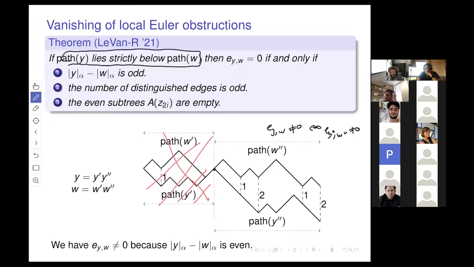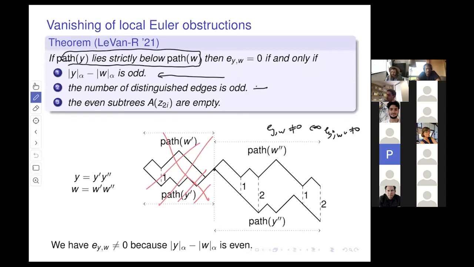Okay. And if that happens, then again, there is a very simple rule for explaining when the Euler obstruction vanishes. You just take the difference between the number of alphas in the two words.